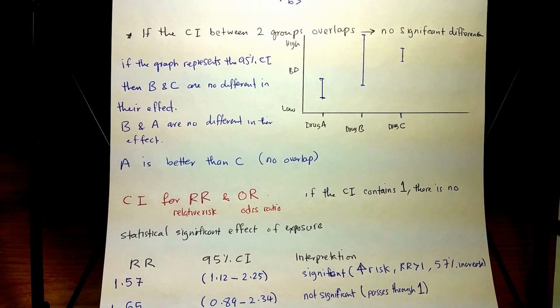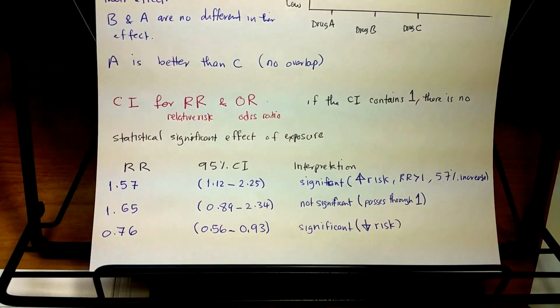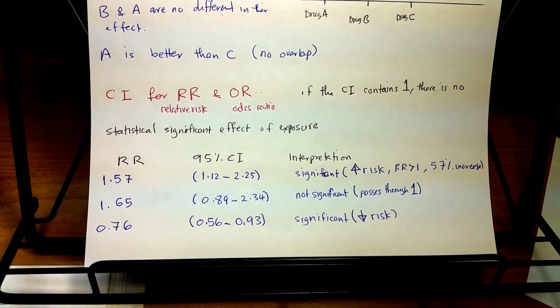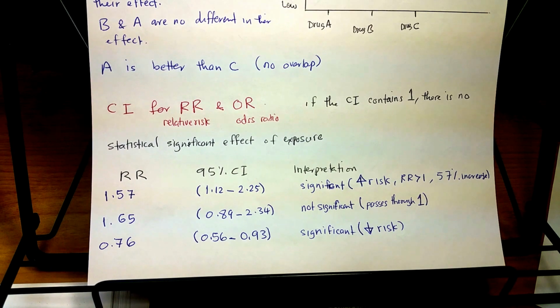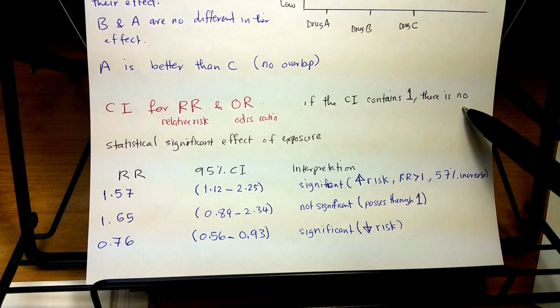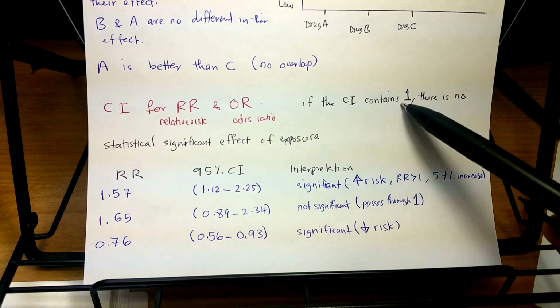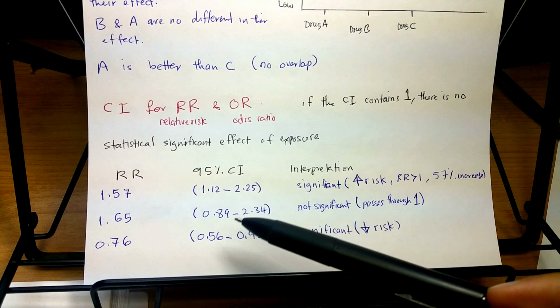What's the confidence interval for relative risk and odds ratio? Here the null value is 1. If the confidence interval contains 1, there is no statistically significant effect of the exposure.